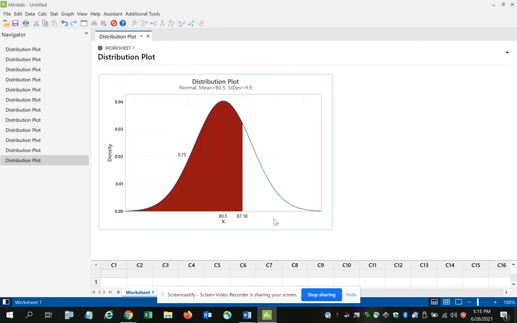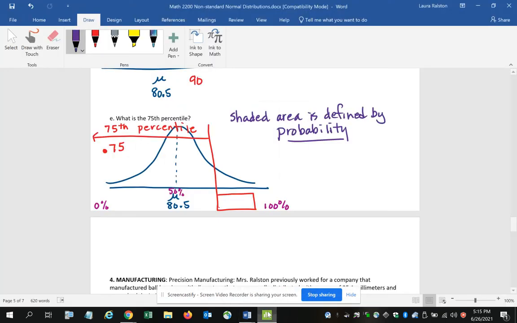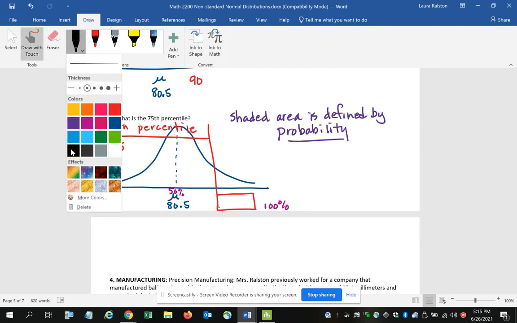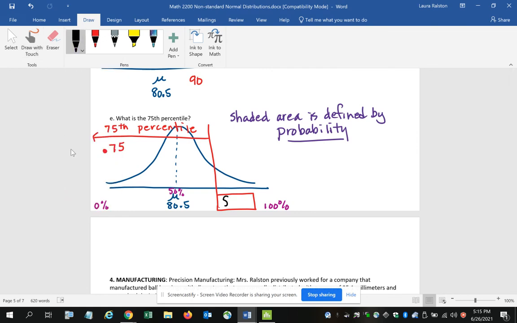I click OK. Okay, so you can see it shows that I have 75%. The X value, which is on the horizontal axis, is 87.18. Okay, so my corresponding diastolic blood pressure for the 75th percentile is 87.18.